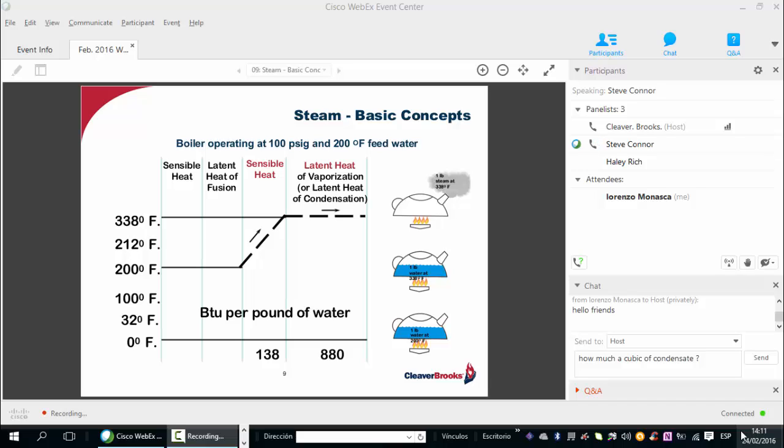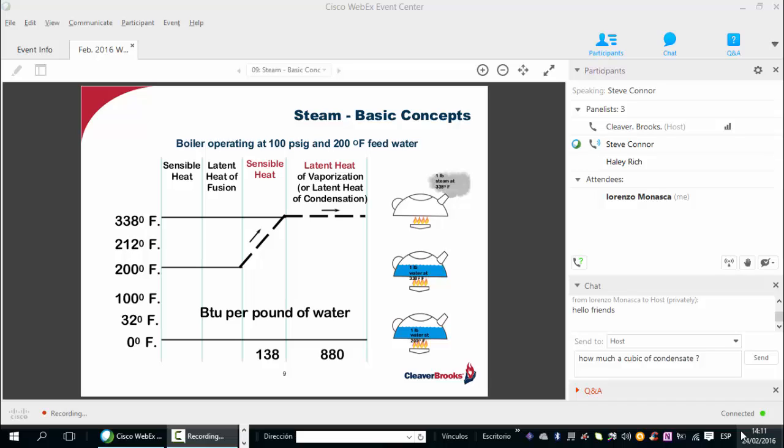And that is why at the bottom of the chart, you see we added 138 BTUs per pound of water to get to saturation from the beginning point of 200 degrees. This is called adding sensible energy, and the sensible energy component is essentially the BTUs in the condensate.